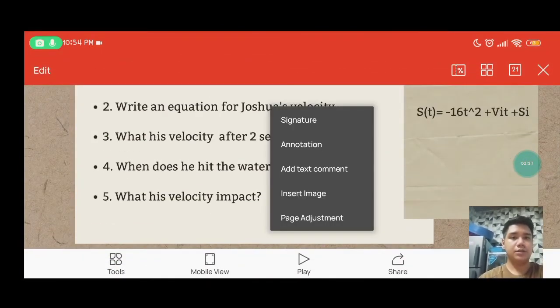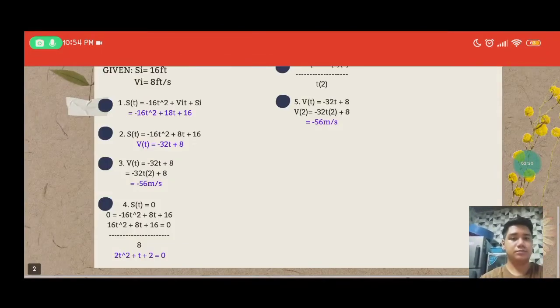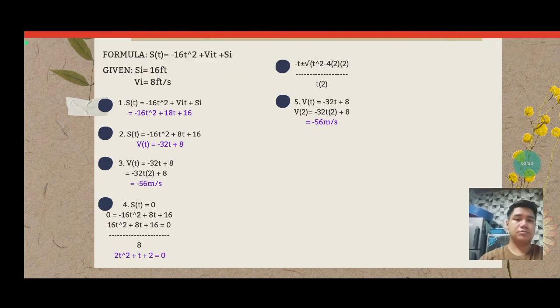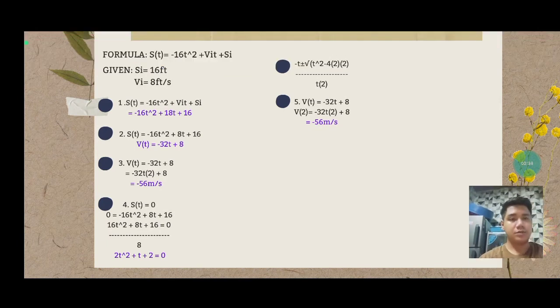Then, number 4, when does he hit the water? So, para malaman kung ilang seconds bago yung hit ang water is S(t) equals 0. So, in-equal ko muna siya sa 0, yung sinubstitute natin dun sa number 1. So, negative 16t squared plus 8t plus 16.